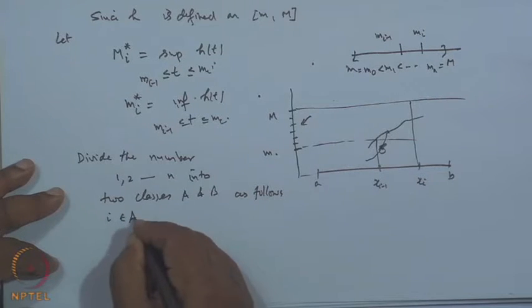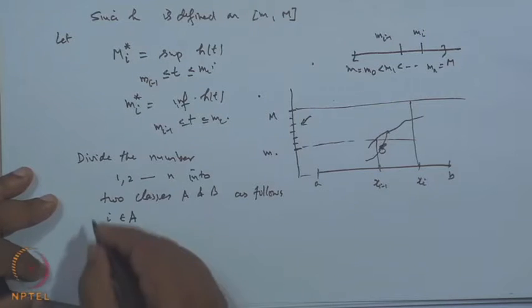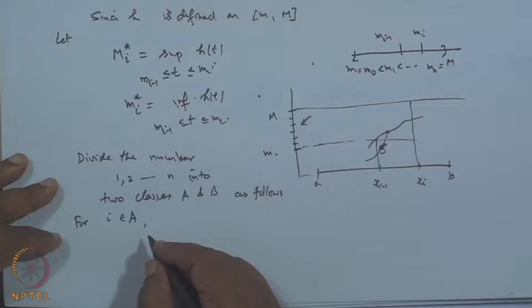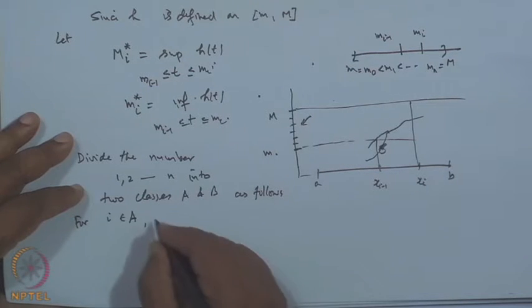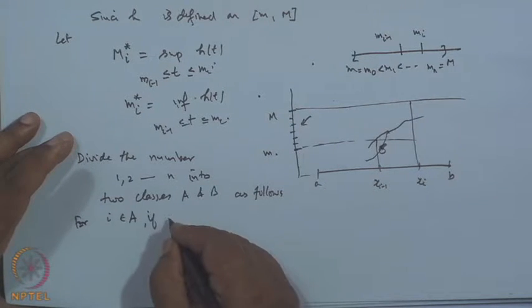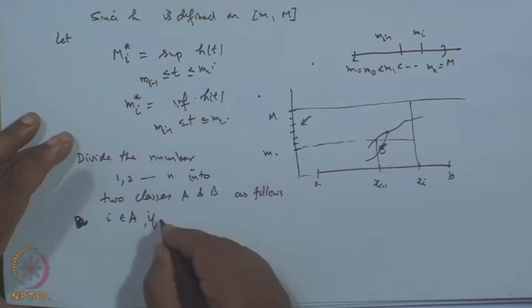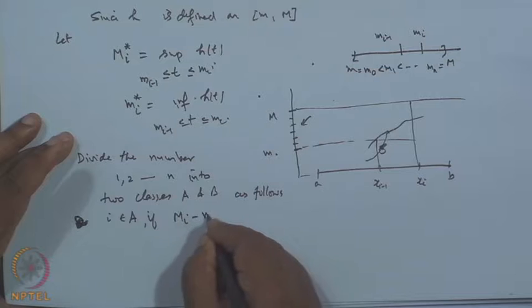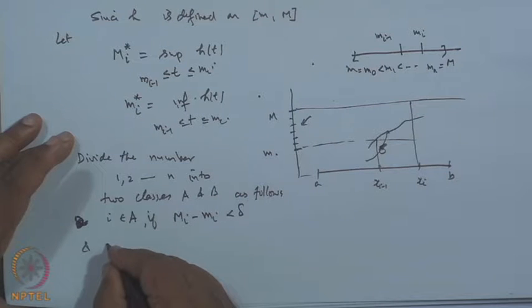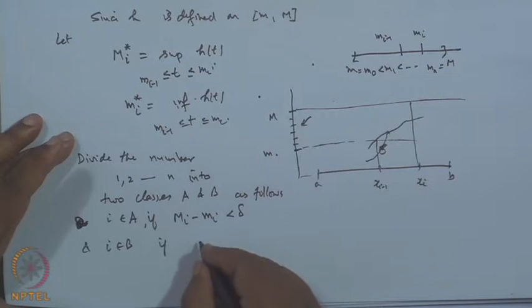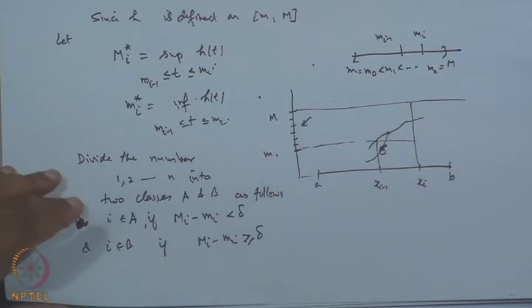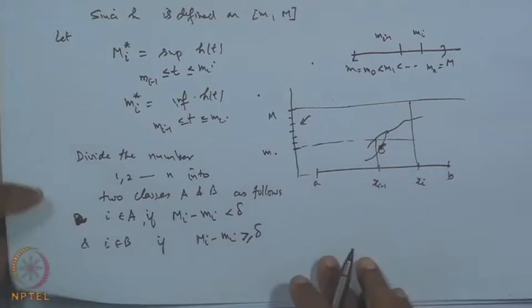I belongs to A if M_i minus small m_i is less than delta, and I belongs to B if M_i minus small m_i is greater than or equal to delta.